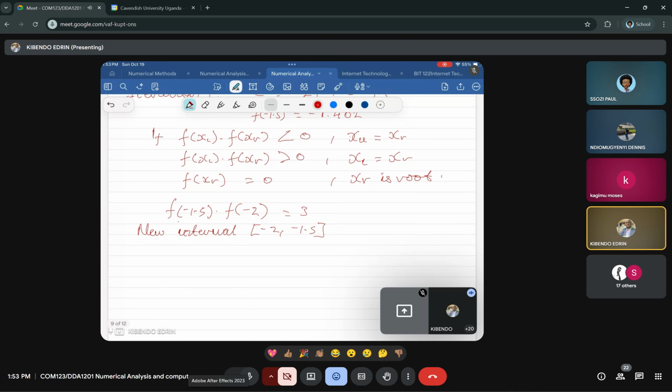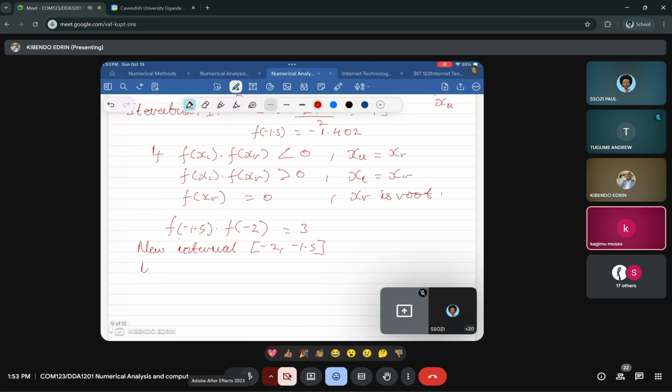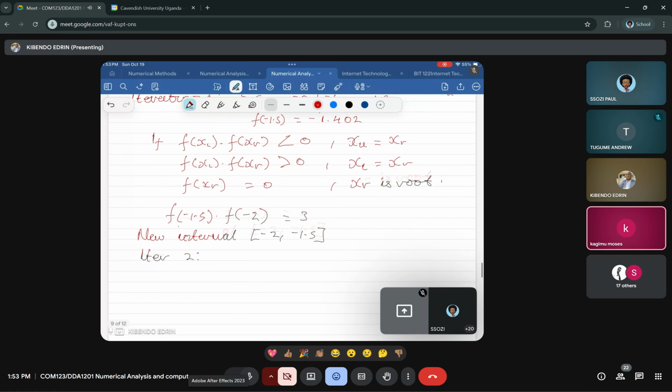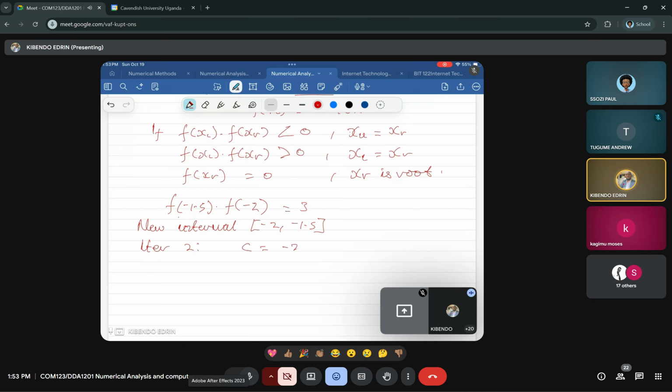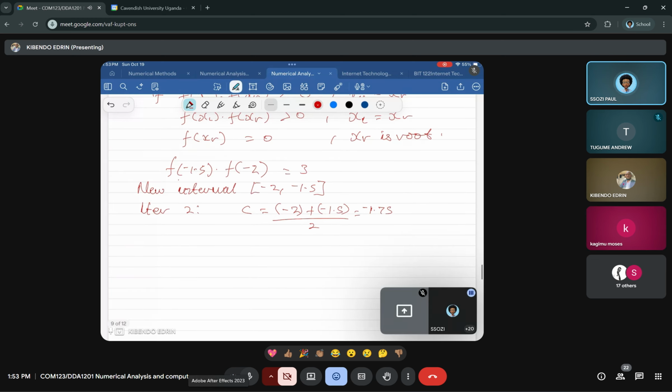So that's the second iteration. C will equal negative 2 ... 0.5331.